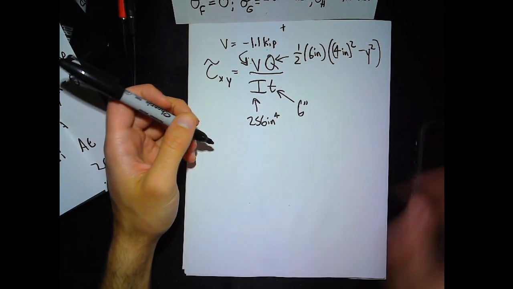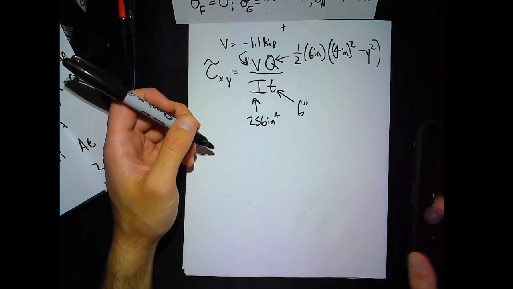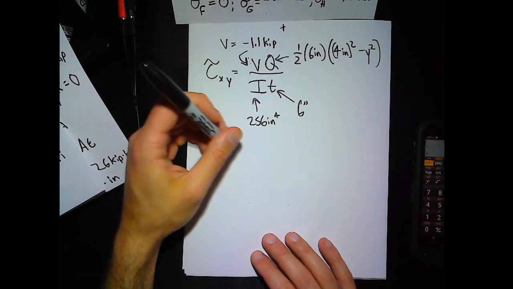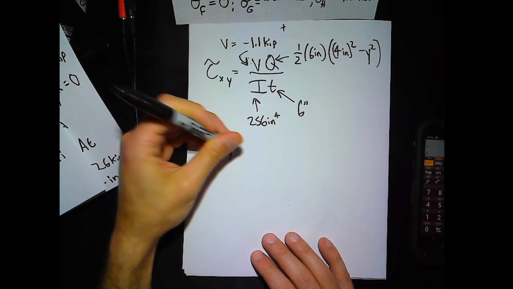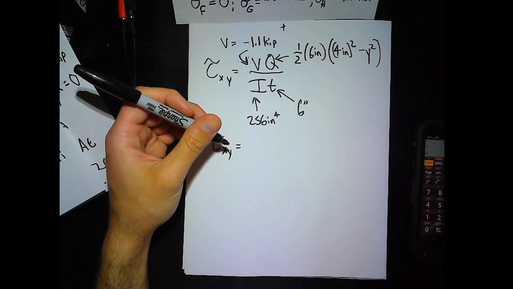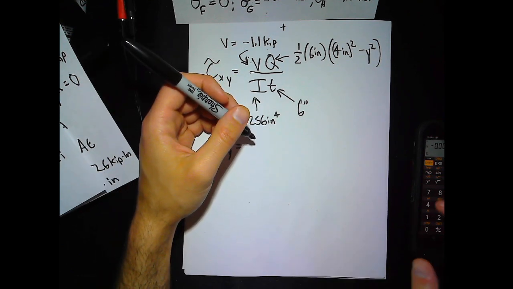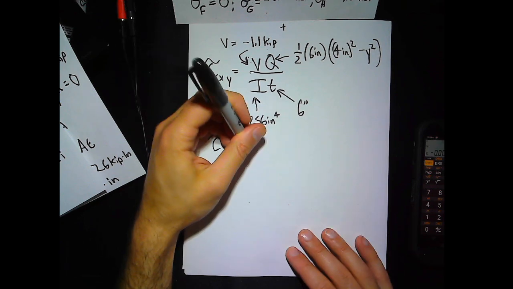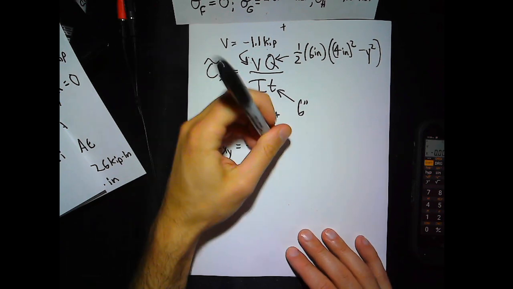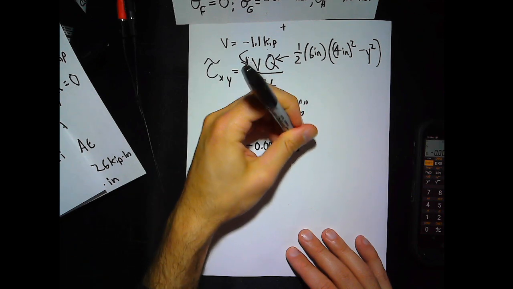So if we work this out, 1.1 times 6 inches over 256 inches to the fourth, it's like negative 0.002148.